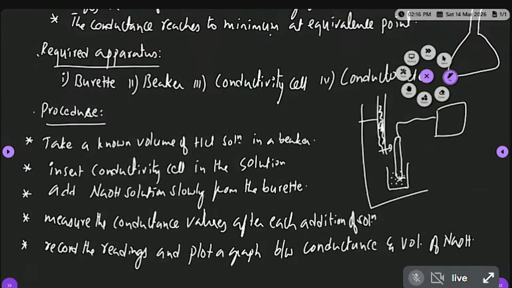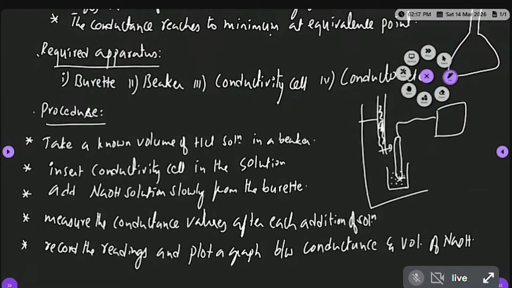Okay, so record the readings, so note down the readings and plot a graph between conductance values and volume of NaOH. సో ఇక్కడ మనం ఇక్కడ ఎలా నోట్ చేసుకోవాలి?